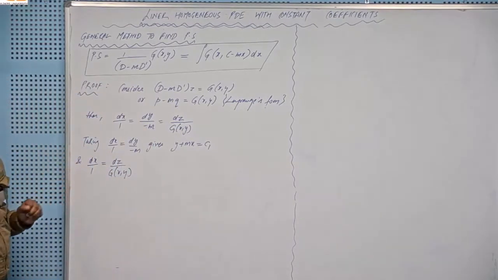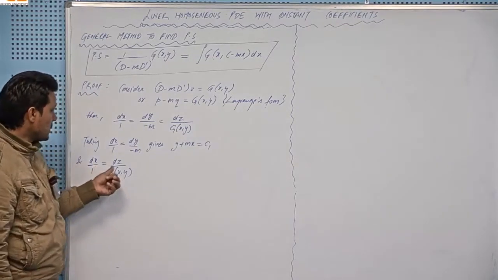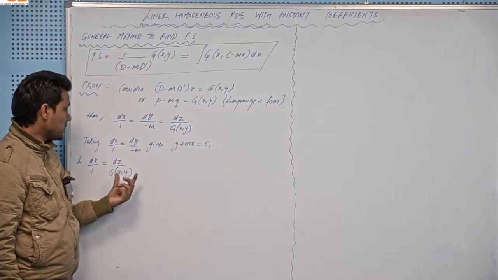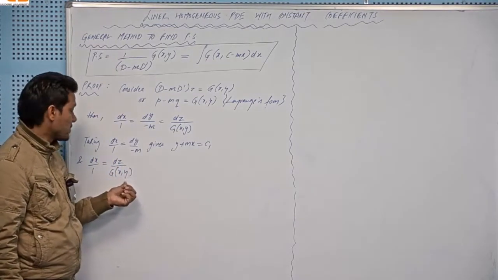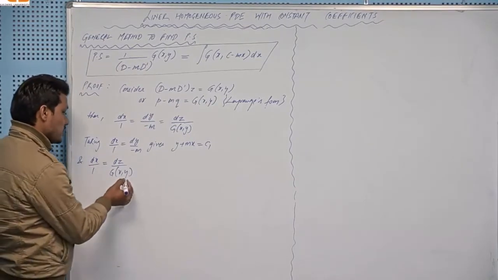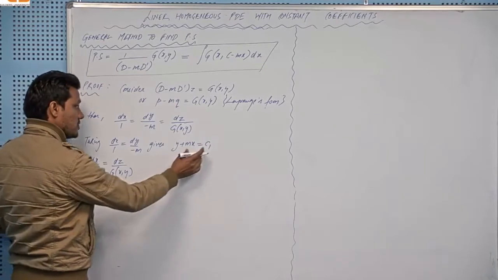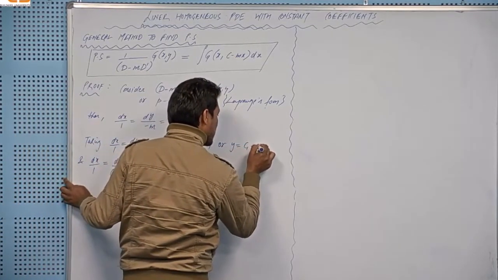Now I want to integrate it, but unfortunately, below dz we have this combined function, a composite function of x and y, right? So what should I do? I should replace this y from this value, y is equal to c1 minus mx.